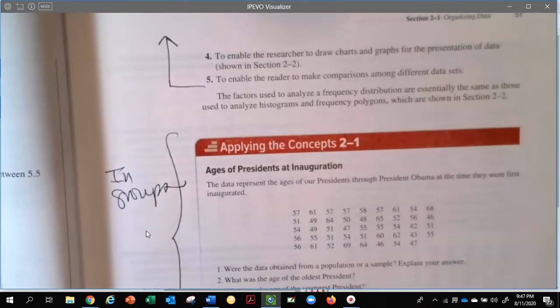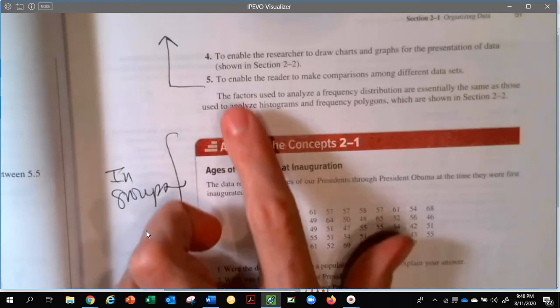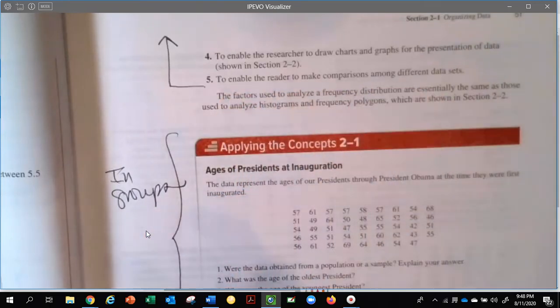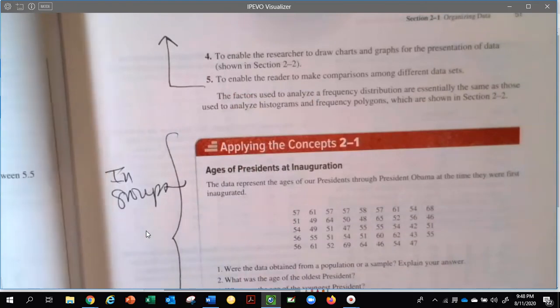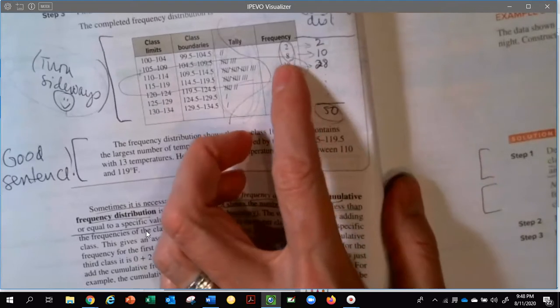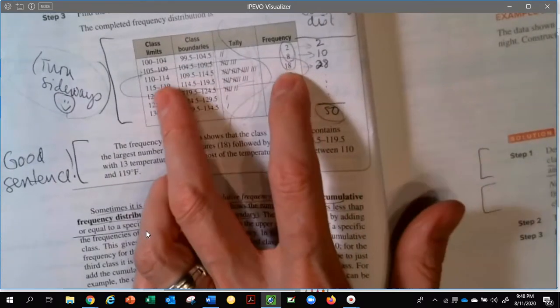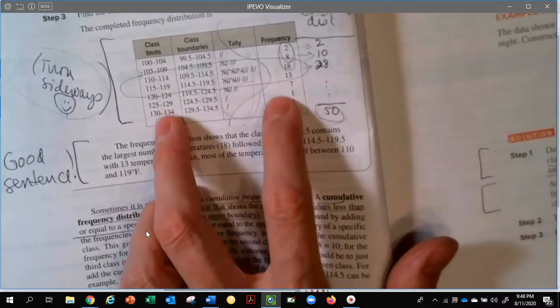You never know what job you're going to end up with where you need to use a presentation, and it's going to help you decide which graph you want to use to illustrate what you're trying to show the best, and to enable the reader to make comparisons. Because as soon as you look over here at the frequencies, you can make some pretty quick comparisons, especially when one group has 18 and a couple of groups have 1. It's really helpful. It's a great process.